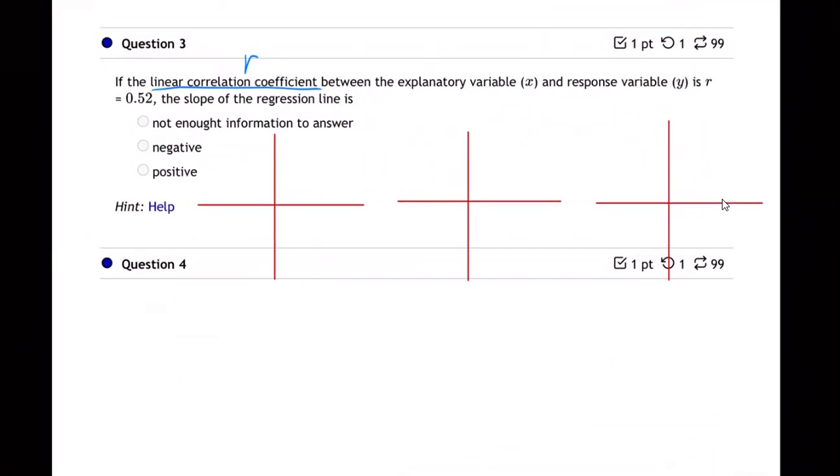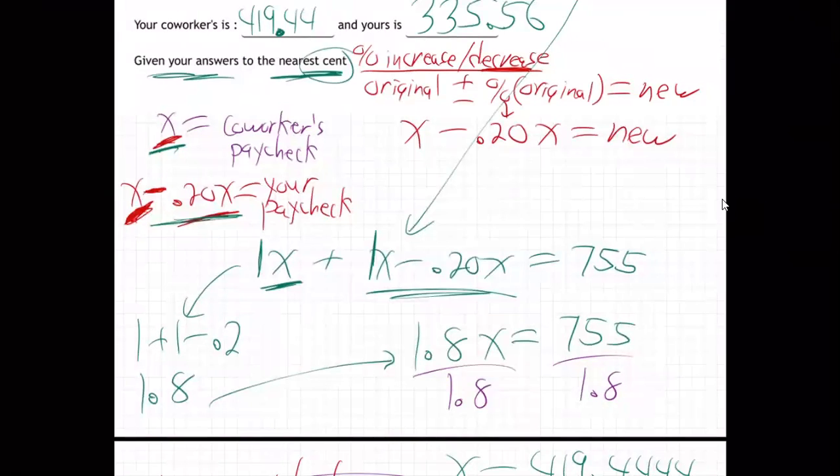Okay, so let's look at some examples. So if I have a bunch of dots that kind of, well, here, let's, oh, whoops. Sorry, guys. I just clicked the wrong button. That was not good. Let me try again. Sorry.